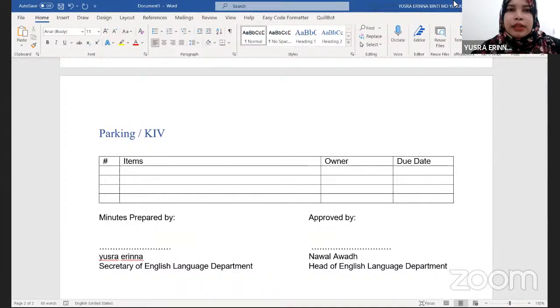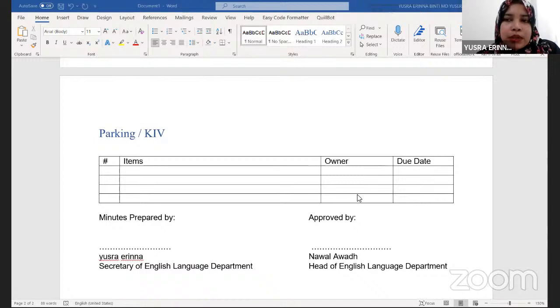Alright. Someone asked in the chat box, is there a need for check by? Good question, Intan Amira. In the meeting minutes report, check by is not required, you don't need to mention who checked it.